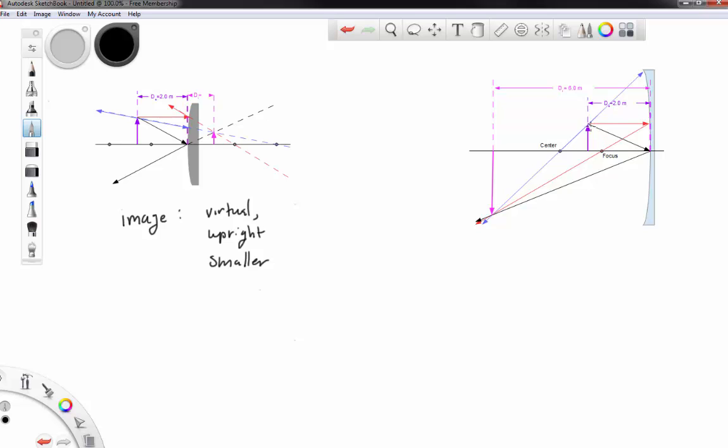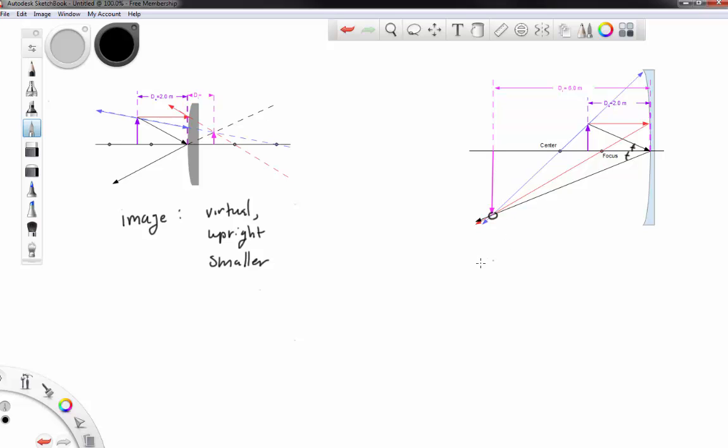Here is the ray that is directed to the point where the mirror meets the principal axis, so it reflects away such that this angle and this angle are equal. And then I drew one ray right here, which would be through the center, and so it's retroreflected, and you'll notice that all 3 end up crossing through the same point here.